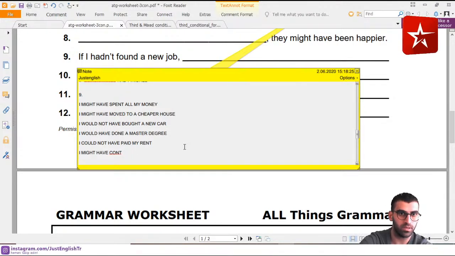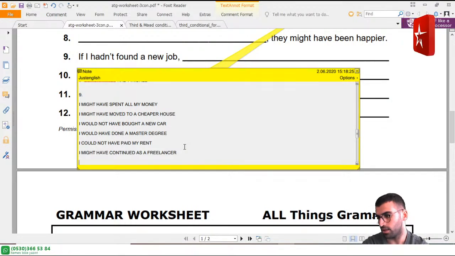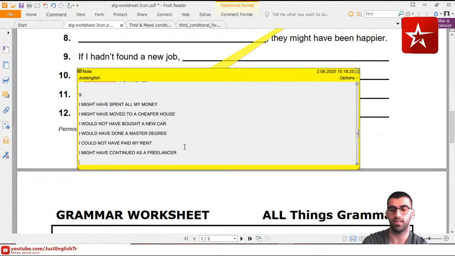I might have continued as a freelancer. And as Mrs. says, they are all prisoners at home. Yes, Azime, you're completely right about elderly people.